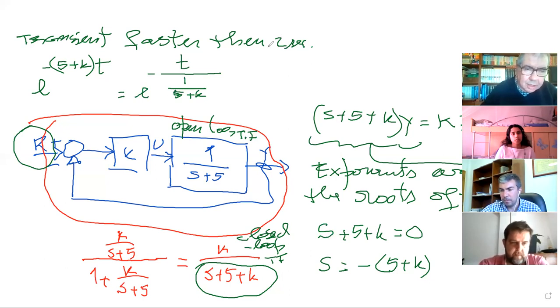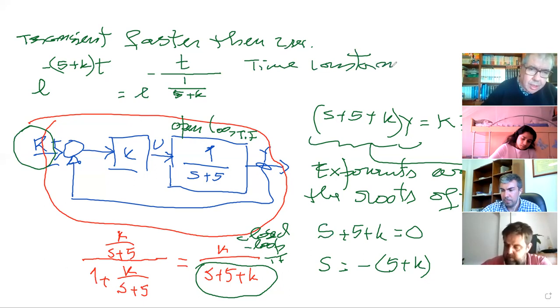The time constant is 1 divided by 5 plus K.